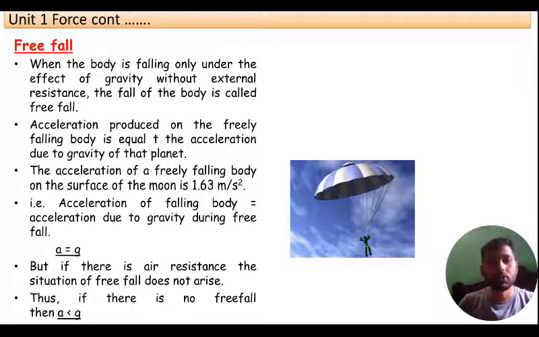Thus, if there is no free fall, then acceleration is always less than the acceleration due to gravity.